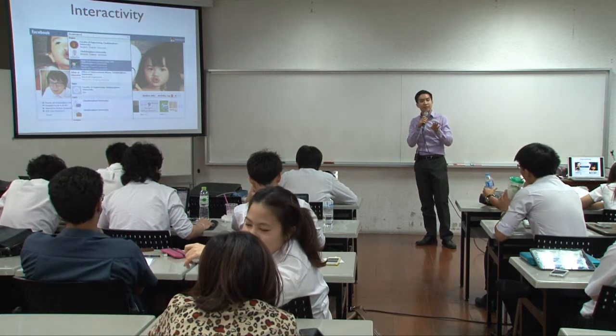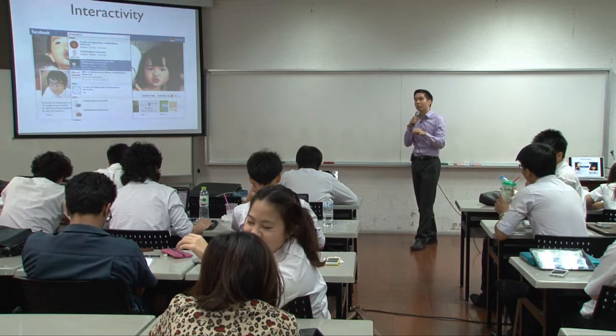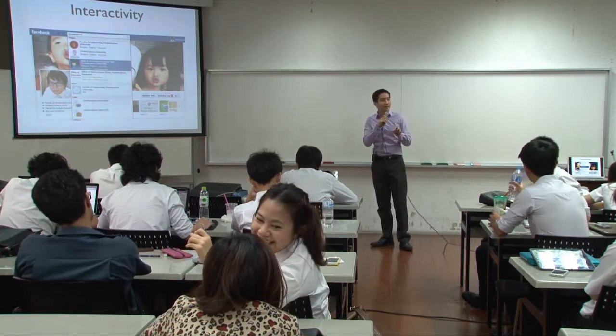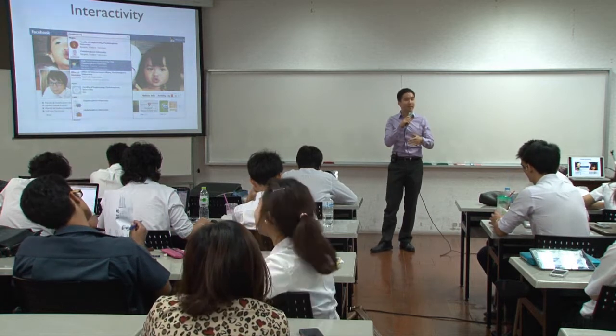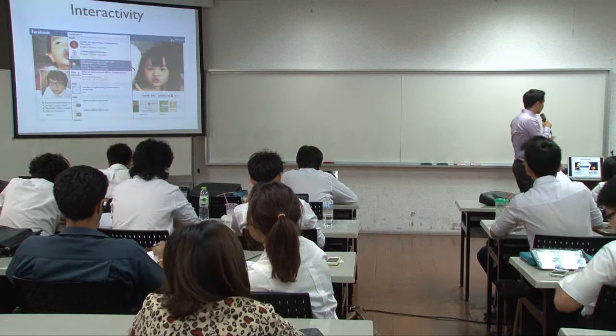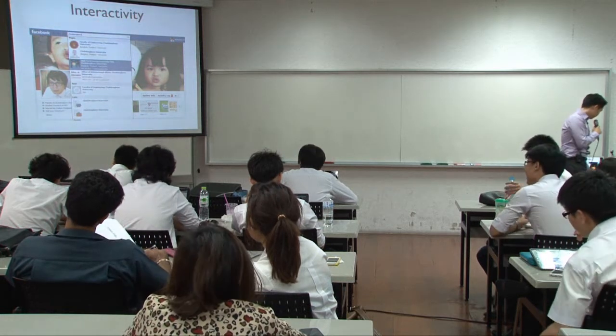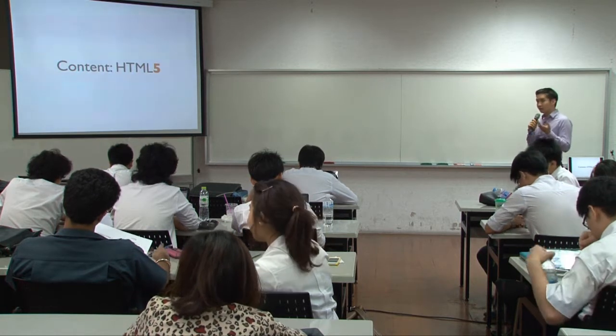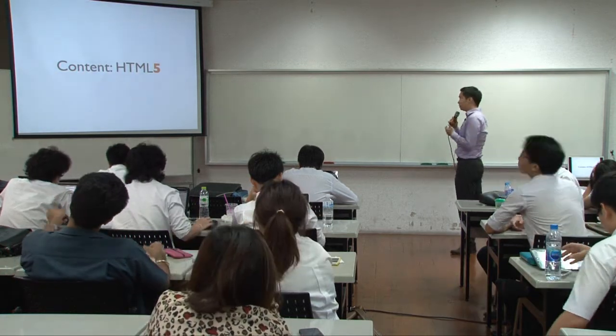And I want you guys to understand that, because now what we are going to move on and study is each component in detail. Starting off with probably the simplest component to understand, and that is the content, HTML.